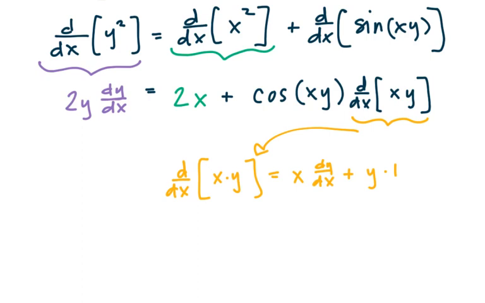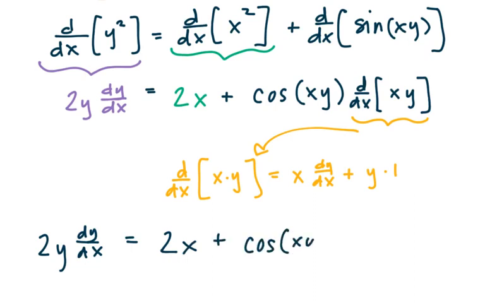Okay? So what I have here is 2y dy dx equals 2x plus the cosine of xy multiplied by x dy dx plus y.